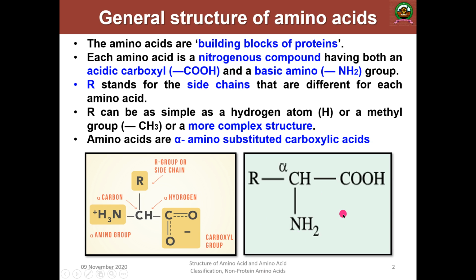We have also discussed that under ionization conditions, this hydrogen will be deprotonated and move to the nitrogen, giving NH3 plus, and COO minus will come here. So here you can see a COO minus and an NH3 plus, that is known as a zwitterion.